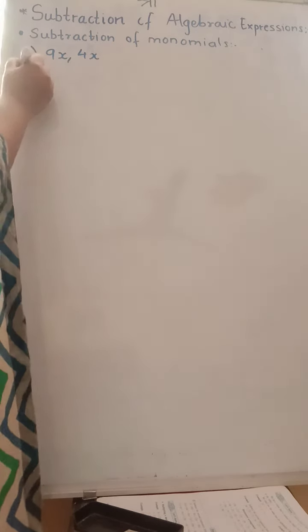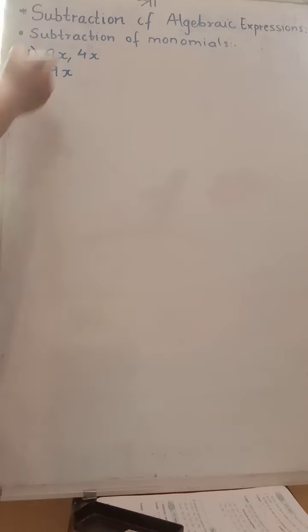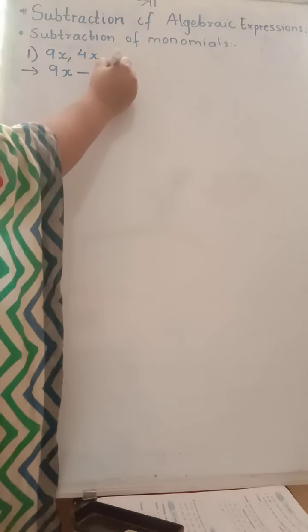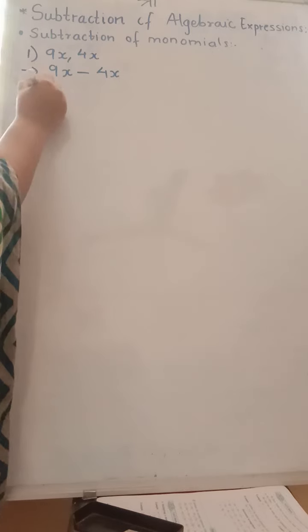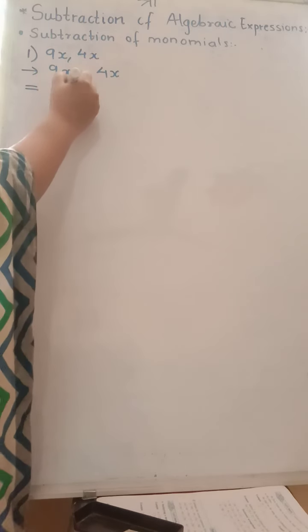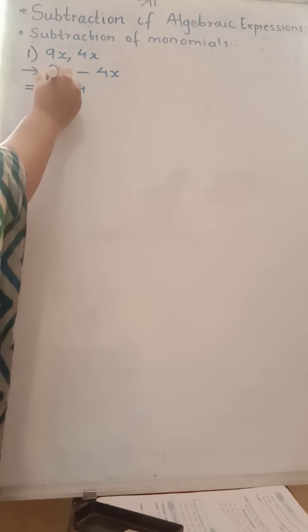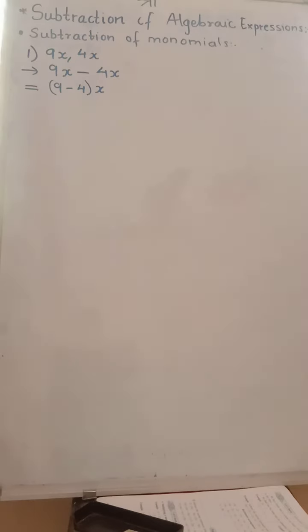So first I will write the first monomial, that is 9x, as it is subtraction, minus the other monomial, that is 4x. Now the coefficients I will take together and put in a bracket. What is the coefficient of the first monomial? 9, and second monomial 4. So I will put this in bracket, and the common variable, that is x.